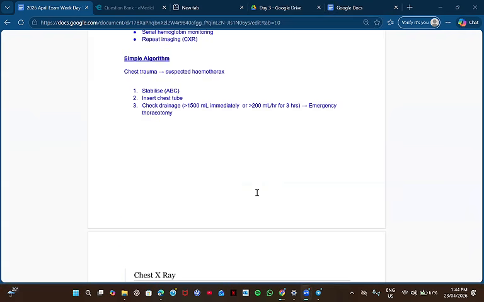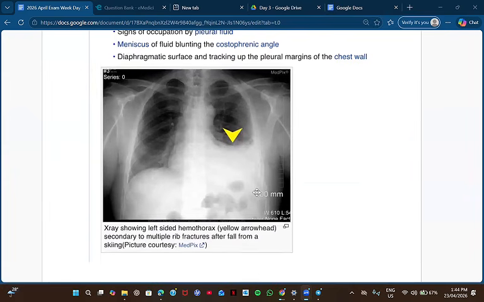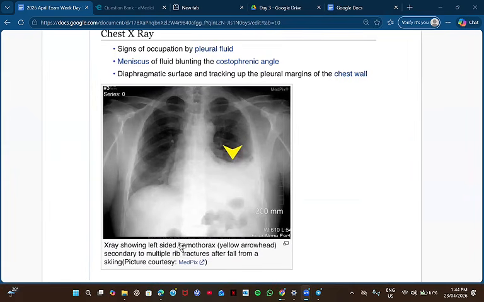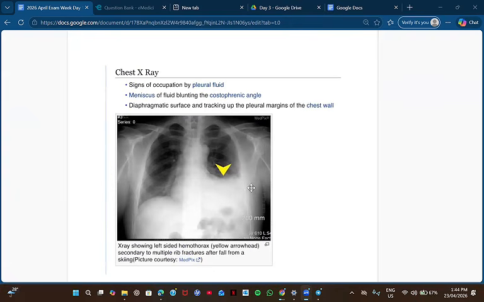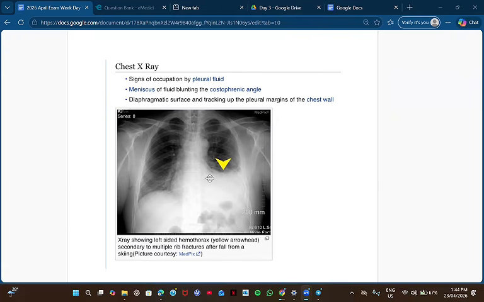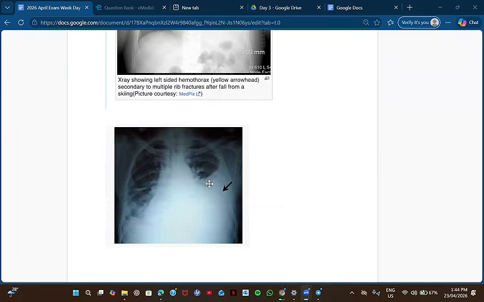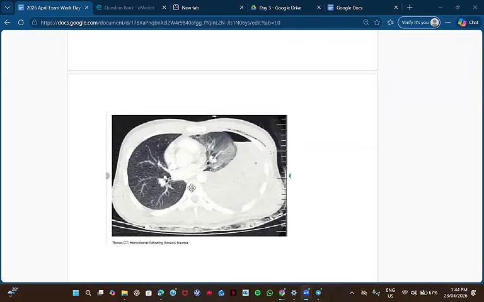Very good. Meniscus sign. Here, the X-ray shows left-sided hemothorax. Here we call it meniscus sign. Can you see blood is accumulated here? This is the sign of hemothorax, the yellow arrowhead. This is the meniscus sign, very important. Blood is accumulated here and here.